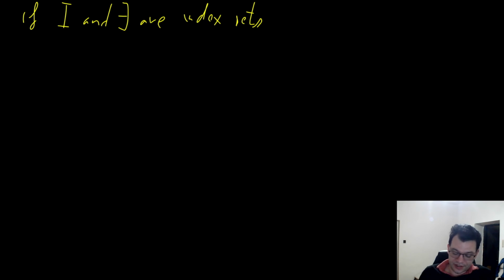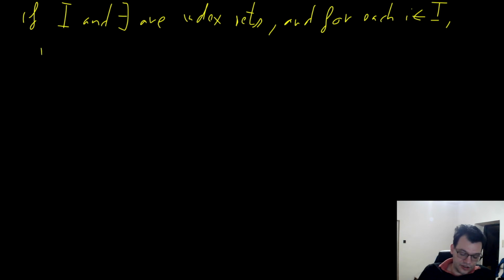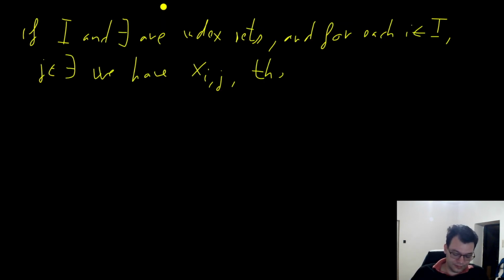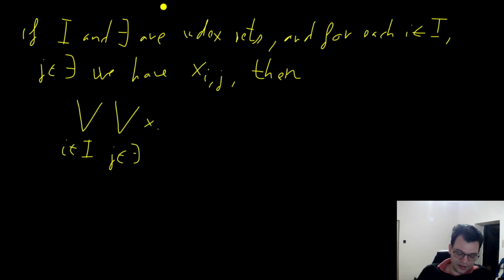So if I and J are index sets, and for each i in I and j in J we have some x_ij, which just means double indexing, then the statement is that the supremum over i in I, and inside this an inner supremum over j in J of x_ij, is the same as the supremum over j and the supremum over i.